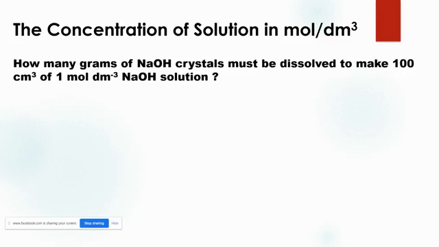So once again, how many grams of sodium hydroxide crystals must be dissolved to make 100 cubic centimeters or milliliters of 1 mole per cubic decimeter sodium hydroxide solution? So we have to find the mass of sodium hydroxide crystals that must be dissolved.